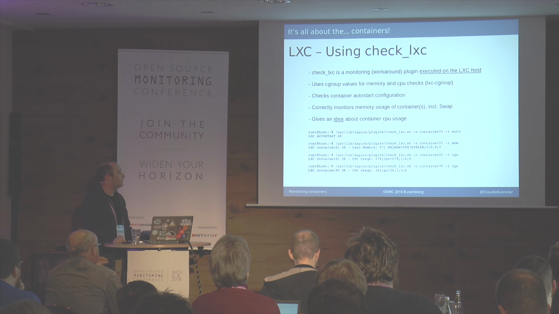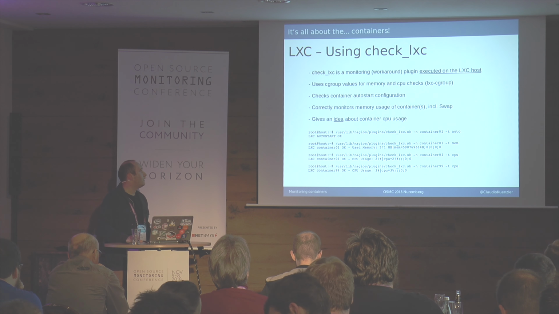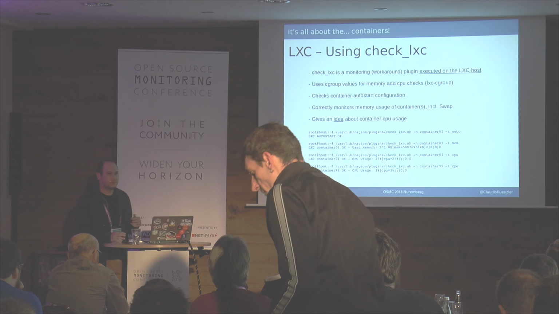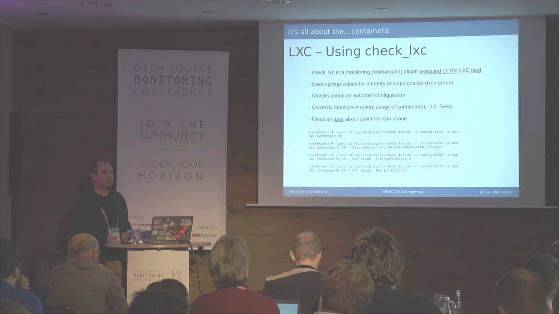And it also checks the autostart configuration in case you have forgotten it. The memory usage and swap usage is correctly monitored, so you really get the correct value of each container. And as I said, the clumsy approach with the jiffies gives you an idea about the container usages of the CPU.